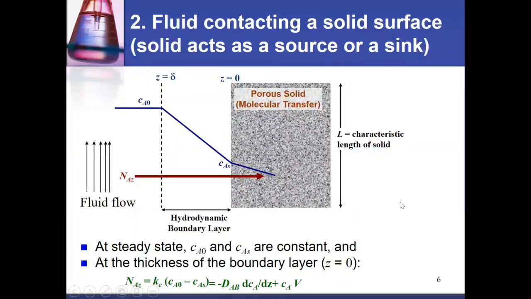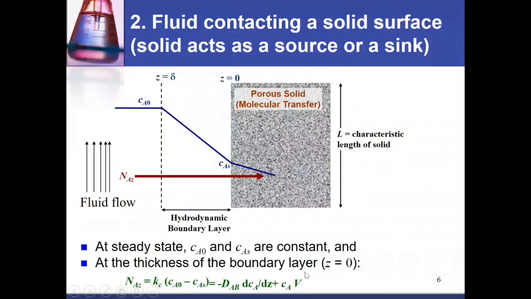At steady state, we'll have CA0 and CAS constant. If we assume steady state, the concentration here and the concentration here will not change, so the driving force is constant. The driving force is CA0 minus CAS.